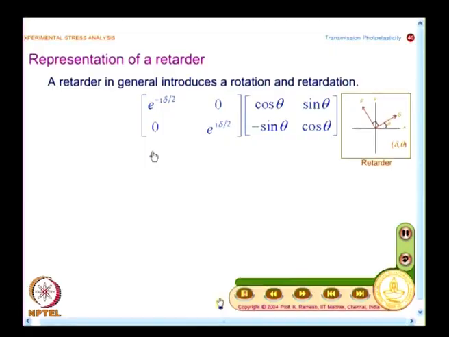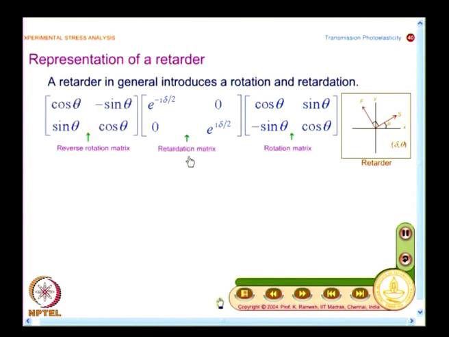So, now I will also have a reverse rotation matrix. I have a rotation matrix as light hits the retarder. Within the retarder, it introduces a retardation, and whatever modification has been done by the model, I want to refer it back to the original reference axis as x comma y.